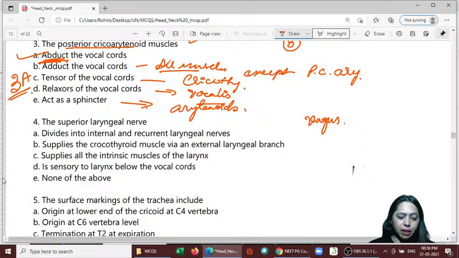Which one do you think is the answer? Who is answering this question? Anyone? Any idea?